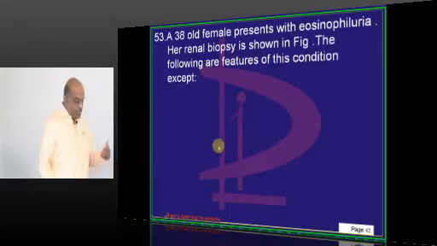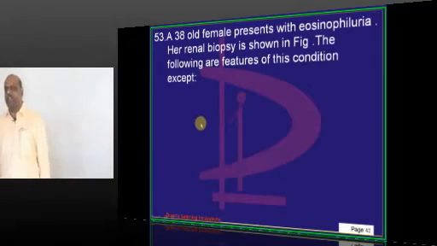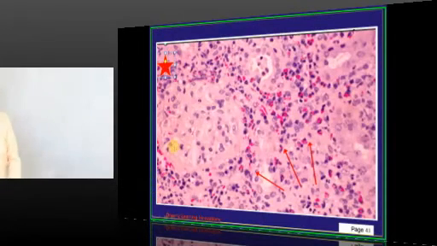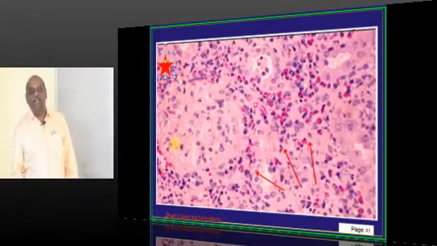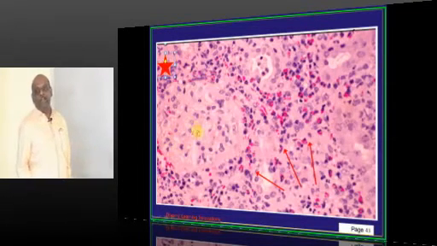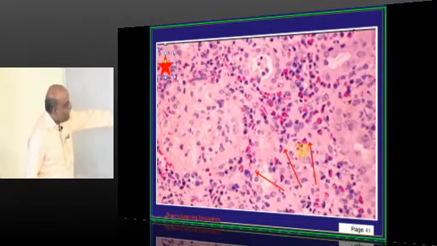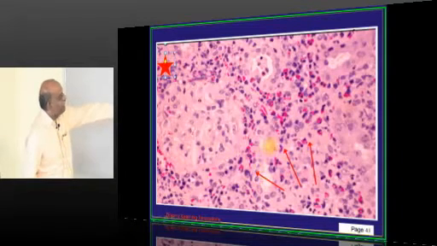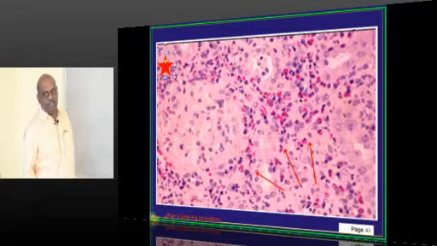A 38-year-old female with eosinophiluria, that itself is sufficient. You don't need to even look at renal biopsy. The only condition that you know which leads to eosinophiluria is interstitial nephritis, which can occur whenever there is a drug-induced situation. All these red-colored spots which you are able to see are all eosinophils.